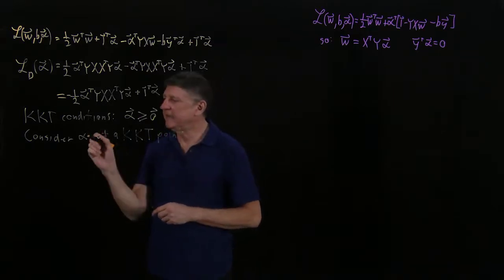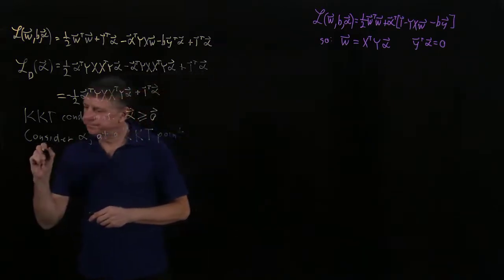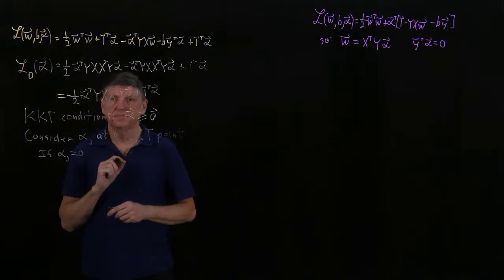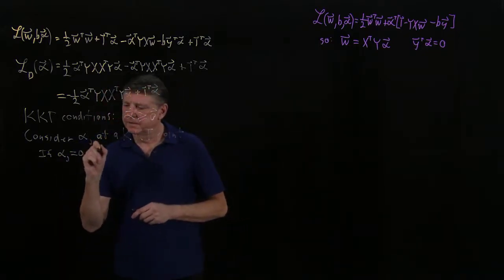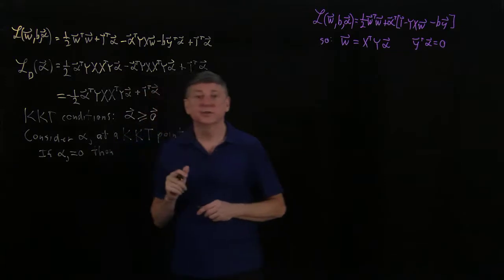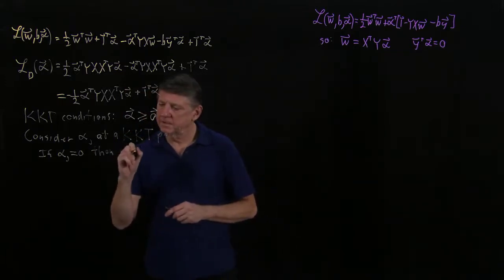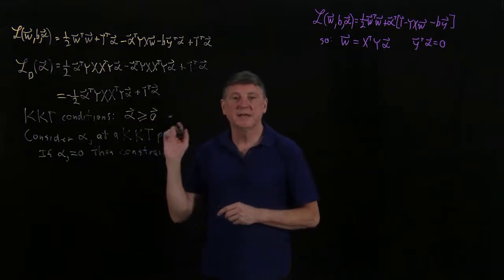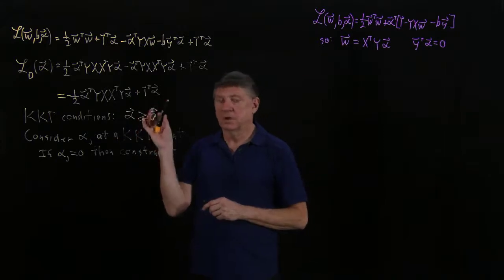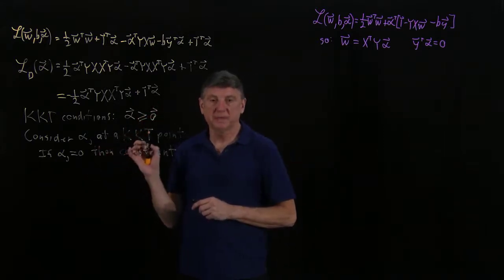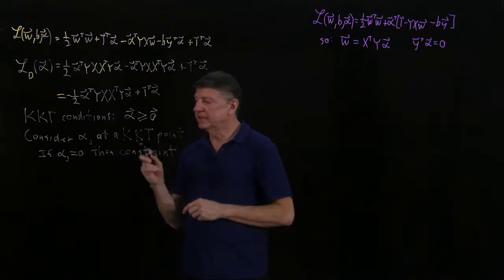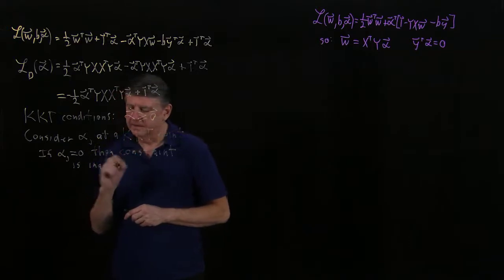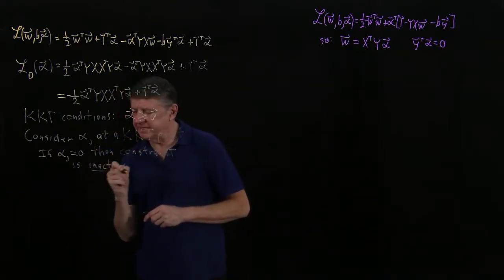What will happen is, if alpha j equals 0, then the constraint, and that constraint was that yj times xj transpose w plus b has to be greater than or equal to 1, is inactive. And we can underline that: inactive.